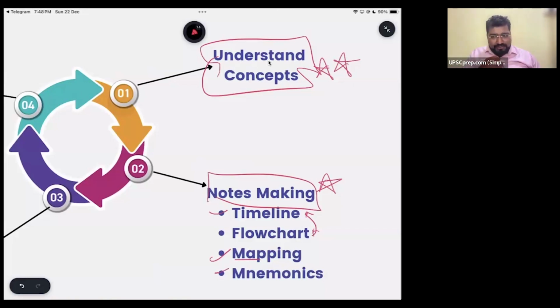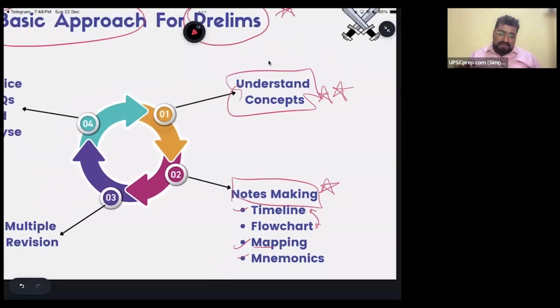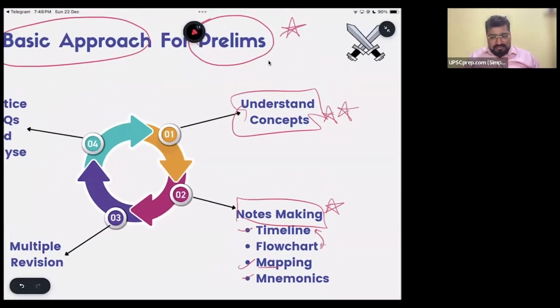Let's say, for example, you need to remember multiple sects under Buddhism, sects under Jainism. So how will you remember them? Build a mnemonic. Okay, make any story, build a mnemonic around that particular thing. Make a small poem, make a kind of song or whatever you like. That is how things get remembered.